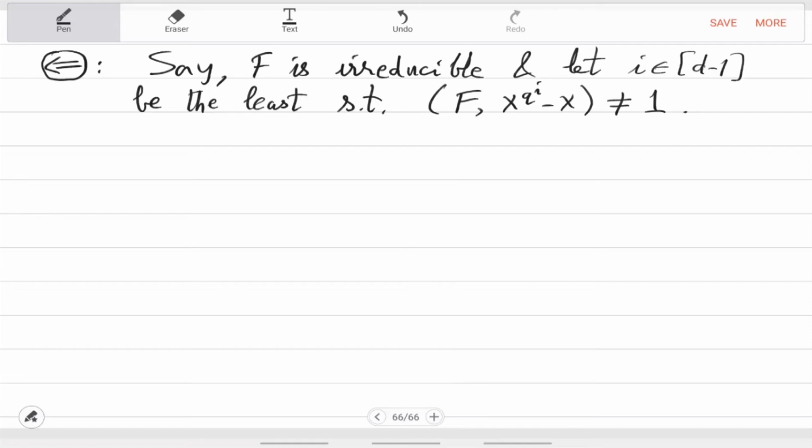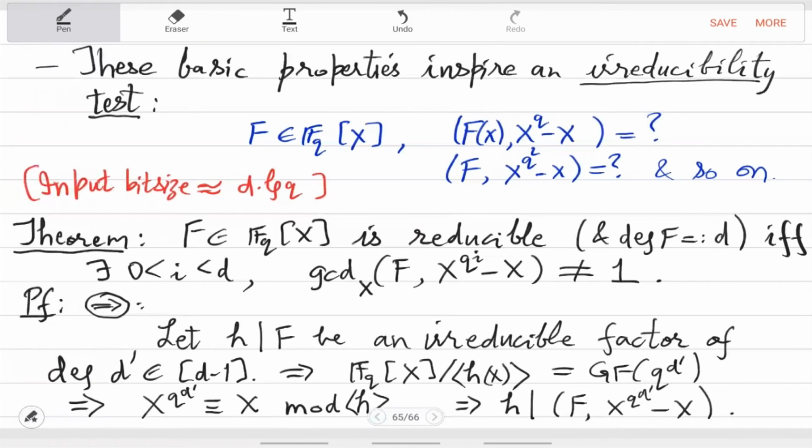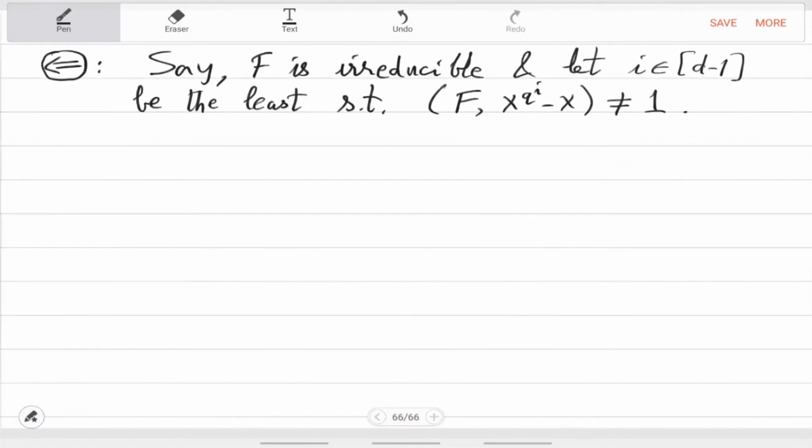So, we actually intend to get a contradiction. Okay, we are assuming that big F is irreducible, and we are assuming that the GCD is not 1 for some I. So, if we get a contradiction, then we are done, right? So, let us see what the contradiction is.